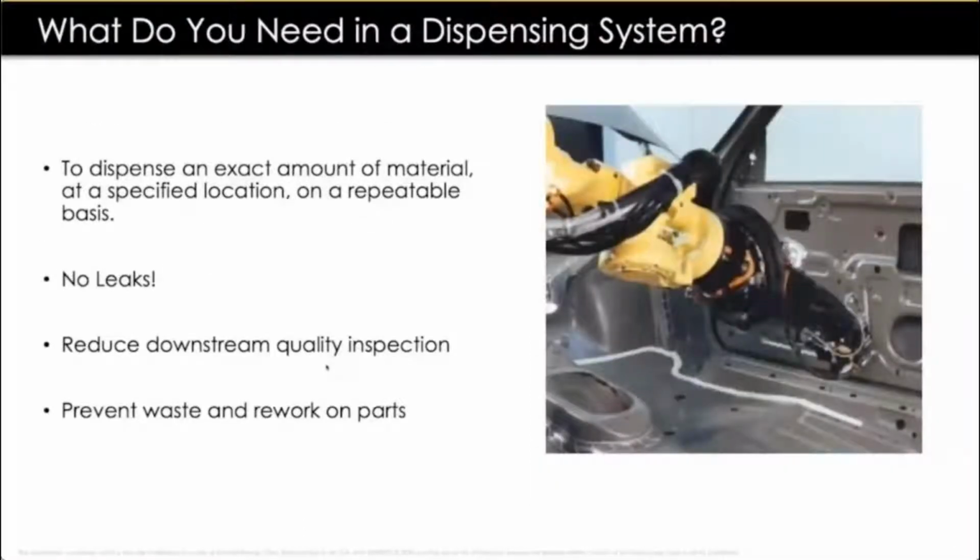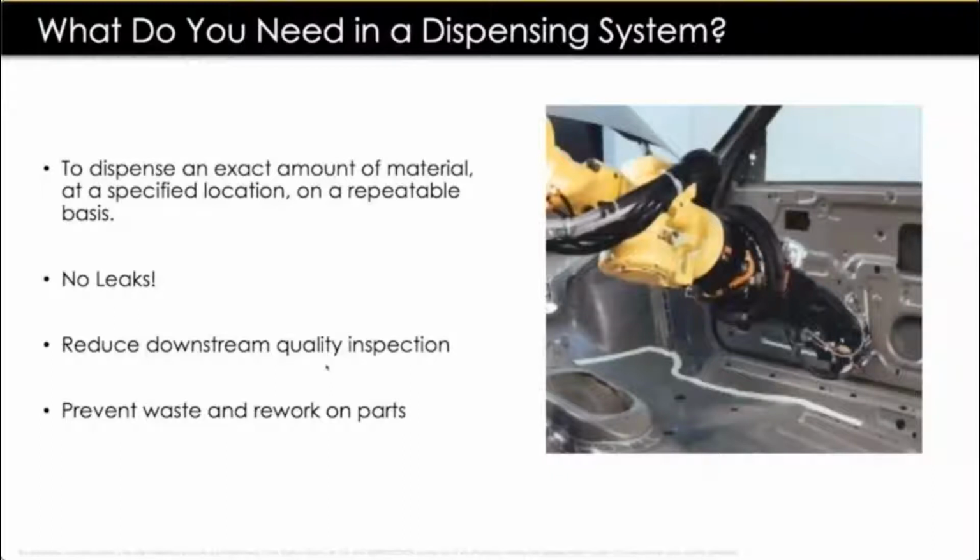So, having that background of what it is and what we're going to be talking about, as far as some of the things we've seen out in the industry and field: what do you need in a dispensing system? I'm sure you all would agree that we want to dispense an exact amount of material at a specified location on a very repeatable basis.